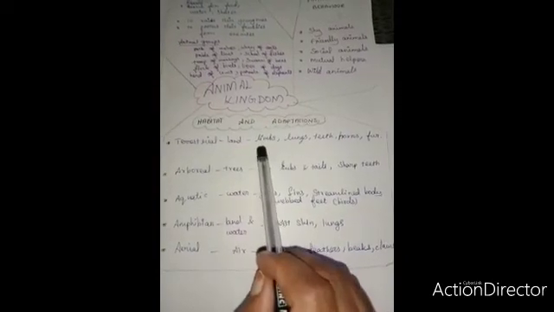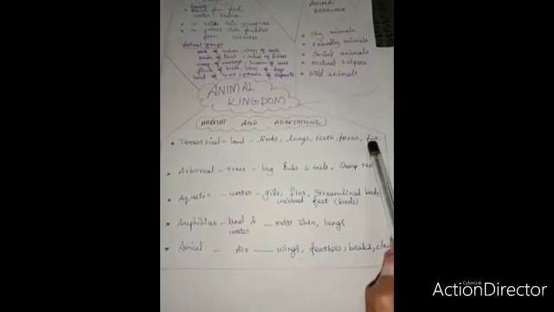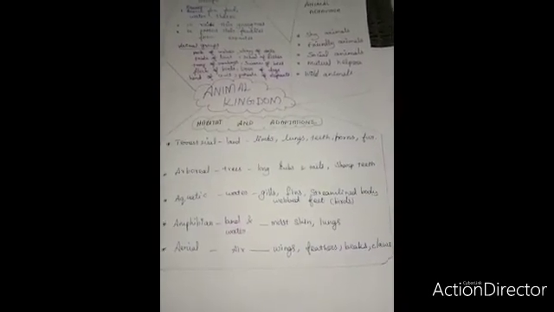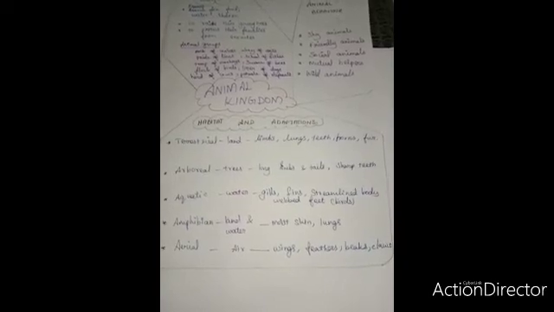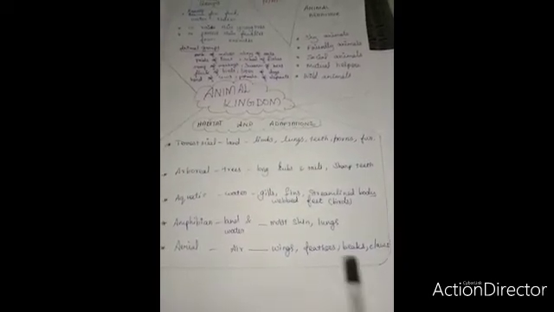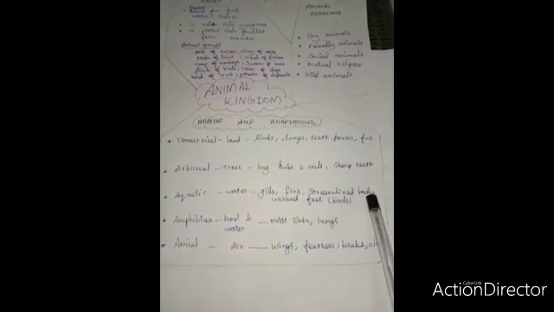Terrestrial animals have limbs, lungs, teeth, horns, and fur. Then arboreal animals have long limbs, sharp teeth, and tails to cling on the trees. Aquatic animals have gills, fins, and streamlined body.